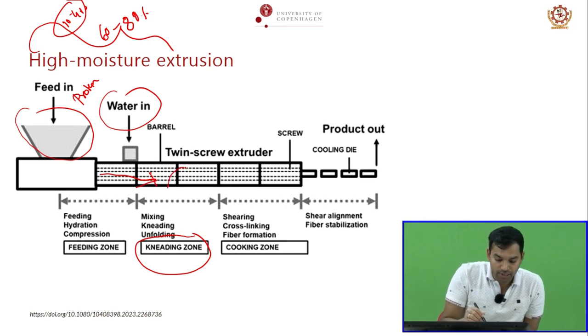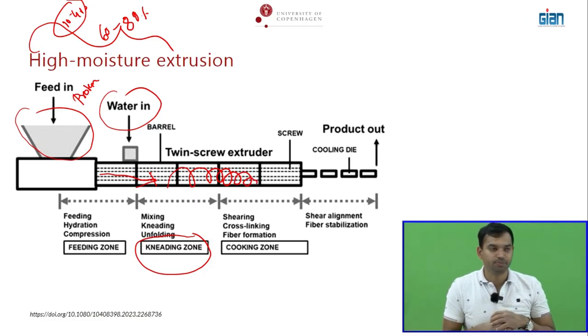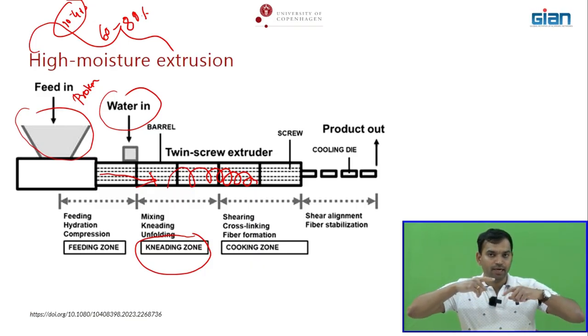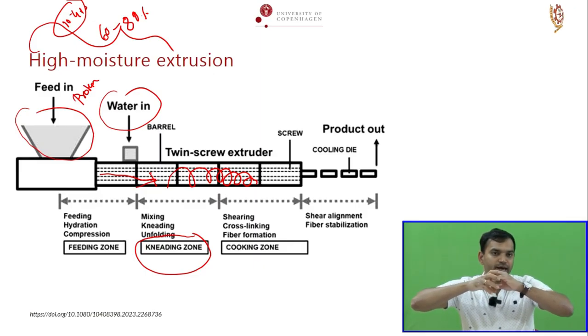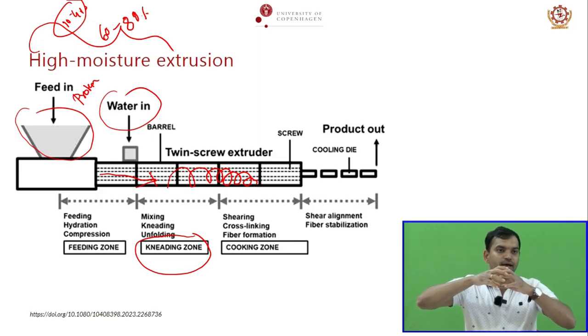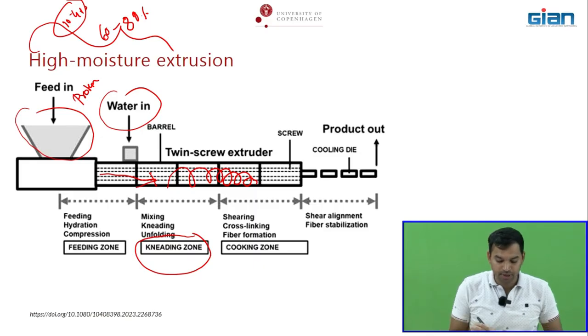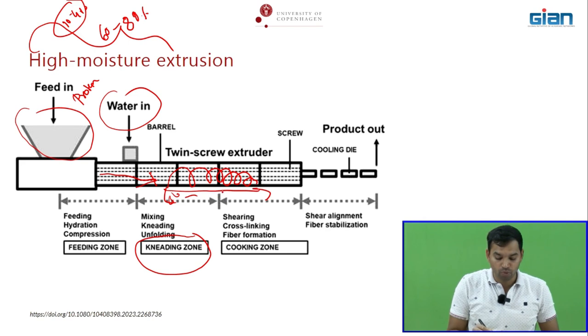We have a twin screw like this. You must have seen it in a mechanical engineering laboratory, how exactly the twin screw looks. It is rotating like this. While the screw is rotating, it will take all the ingredients together, and they will be mixed at very high shear stress, pressure and also temperature. The temperature in these regions can be between 50 to 180 degrees Celsius.